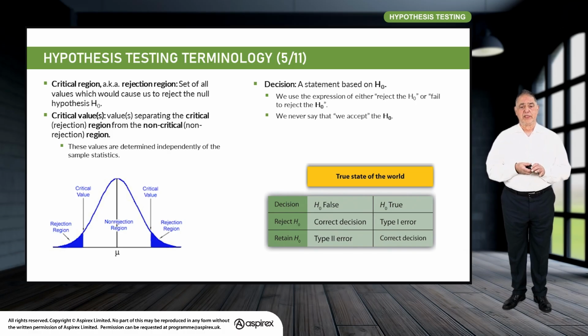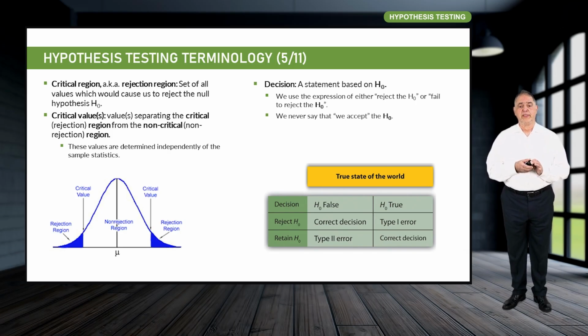If you take a look at the true states of the world, if you make a decision that the null hypothesis is false, and the null hypothesis is indeed rejected, then this is the correct decision. Otherwise, you're committing a type 2 error.